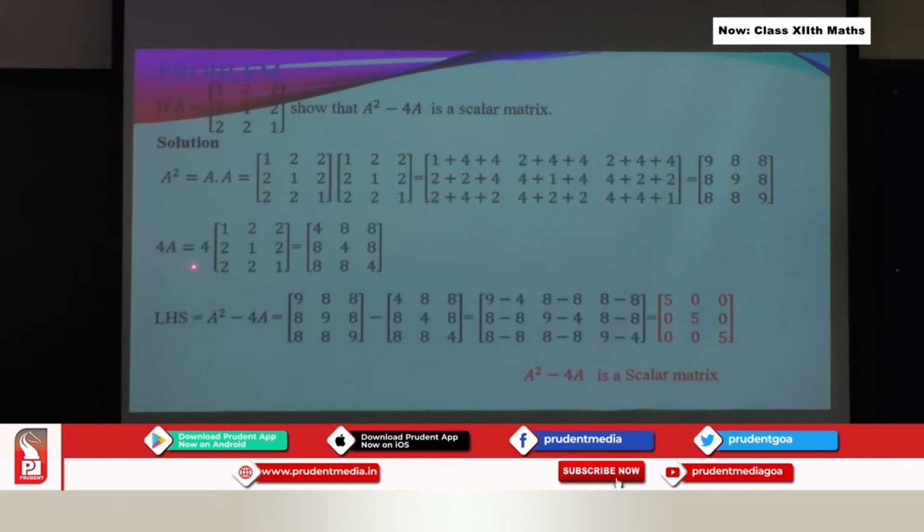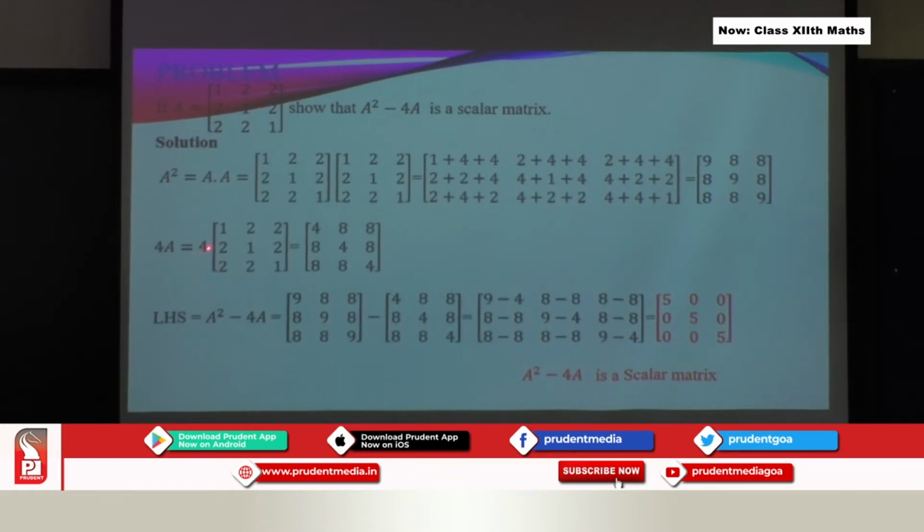Then 4A: the constant 4 is multiplied to this matrix A. So it's a scalar multiplication, right? 4 is multiplied to each and every entry, and you get the final output as this matrix. Now these two I will put in my equation.